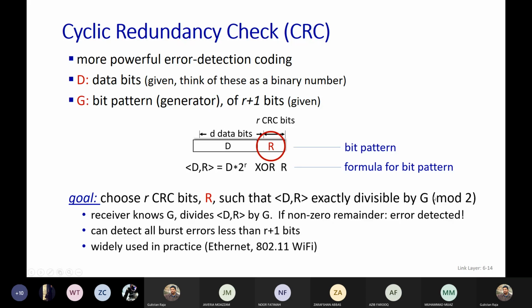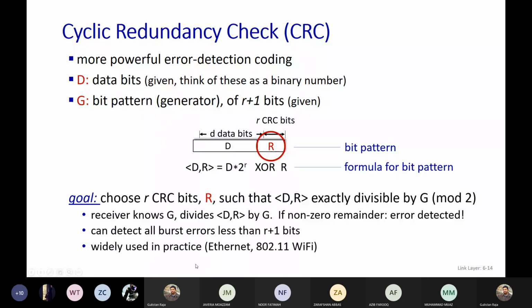This is modulo 2 arithmetic, where the remainder is checked. So your goal is to choose the CRC bits capital R such that D and R are exactly divisible by the generator G. As I already told you, G is known by the receiver and the sender as well.